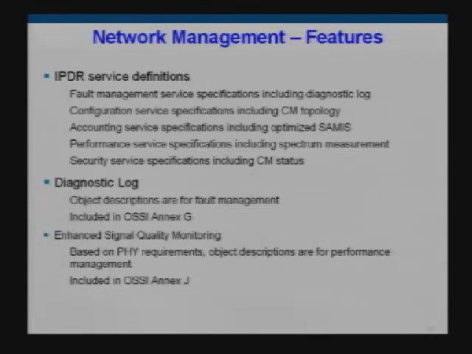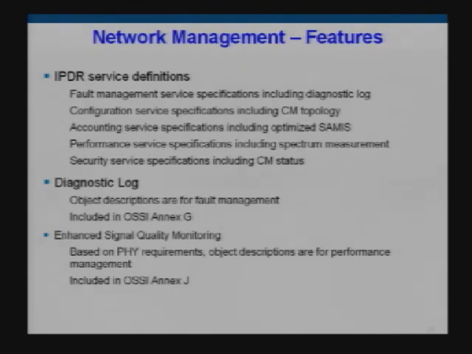But with DOCSIS 3.0, the IPDR schemas are defined for CM management, CMTS management, and all those aspects. So that is one major advantage, and it is expected to be much more efficient to transport or stream the management information for monitoring, health monitoring, and reactive management purposes using IPDR as opposed to SNMP.